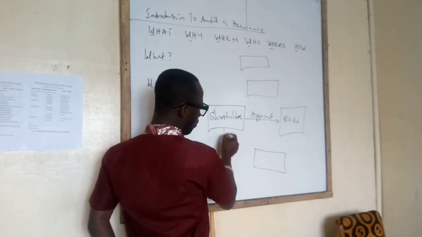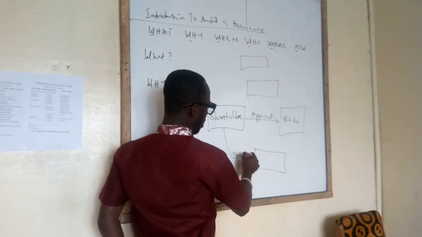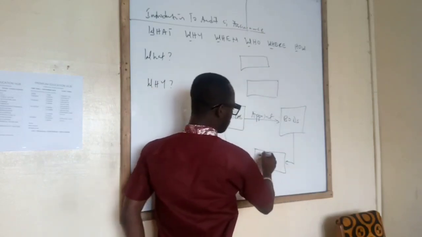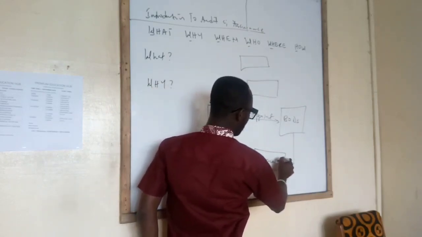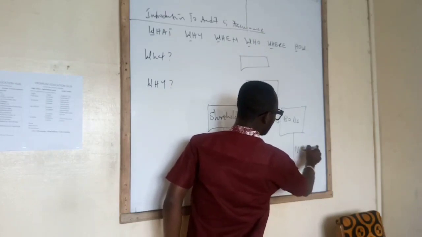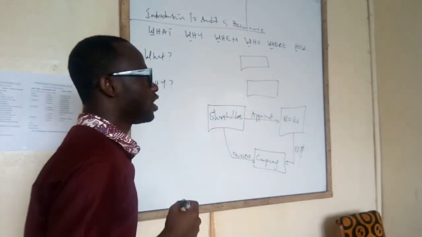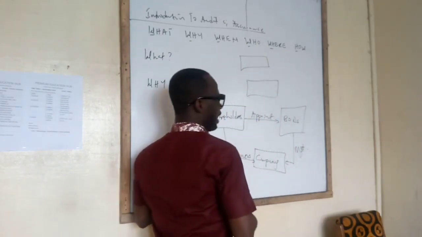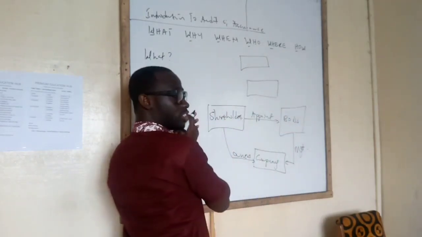The shareholders are the owners of the business. The board of directors are here to manage the business, so they are responsible for the day-to-day management of the business. But at the end of the day, they must be accountable to the shareholders.